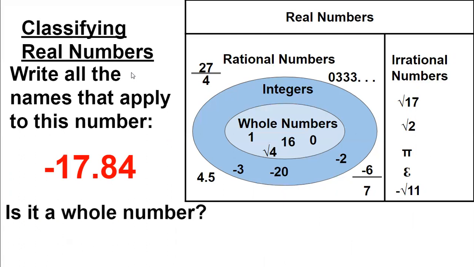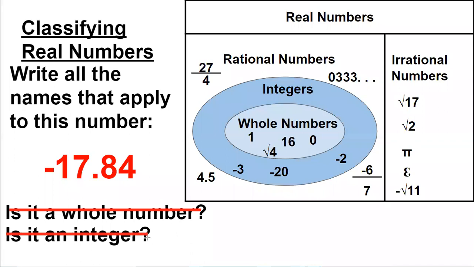So is negative 17.84 a whole number? Absolutely not, right? It's a decimal, so it's not a whole number. Is negative 17.84 an integer? Well, an integer is also a whole number, but it's a negative whole number or a positive whole number, and this is not a whole number.